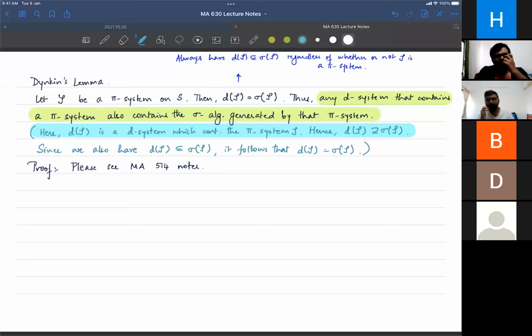Can you explain to me in symbols what's going on? Answer is, in symbols, S is the pi system. D of S is a D system which contains this pi system. So this D system, D of S, contains the sigma algebra generated by the pi system. So D of S contains sigma of S. Does that make sense?